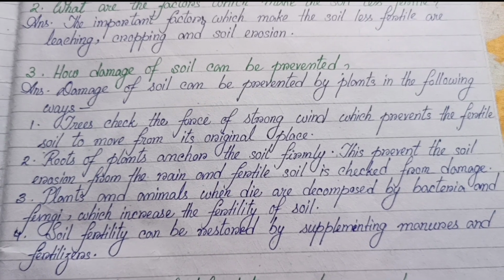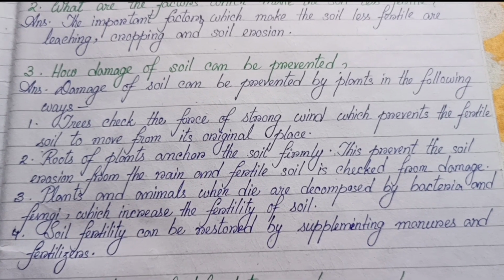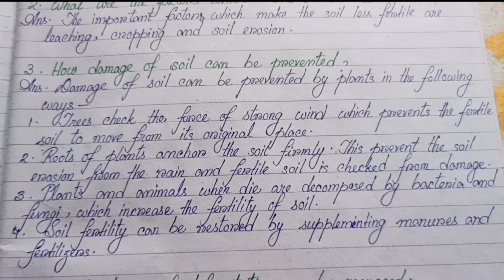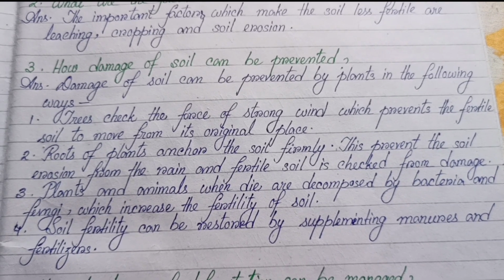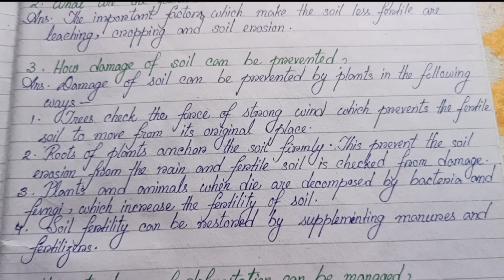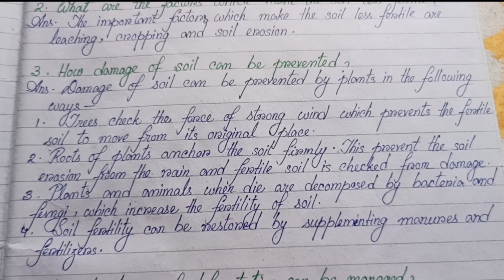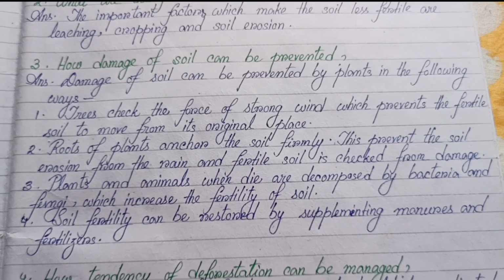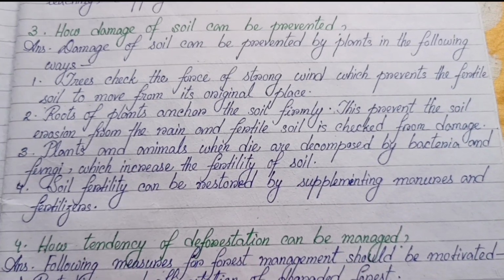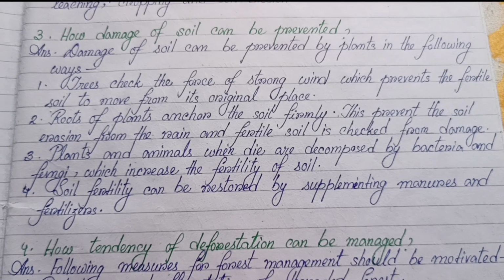Damage of soil can be prevented by plants in the following ways. Number 1, trees check the force of strong wind, which prevents the fertile soil from moving from its original place. Number 2, roots of plants anchor the soil firmly.